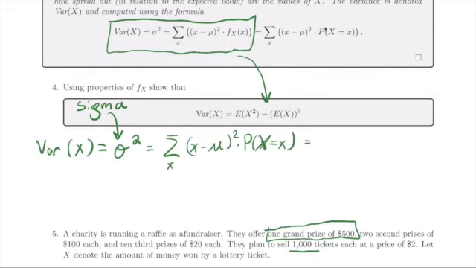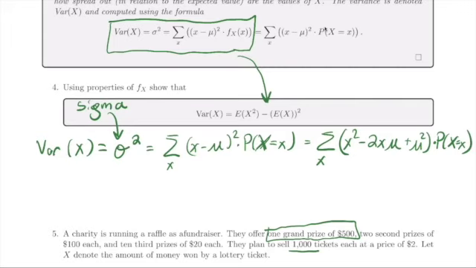But I'm going to do a little bit of algebra inside of here, by just distributing the x minus mu squared.